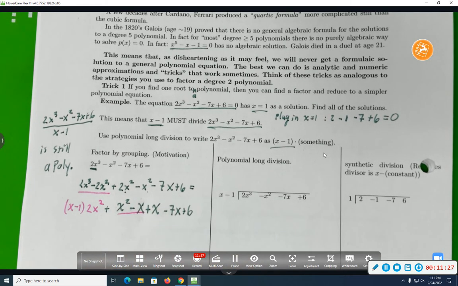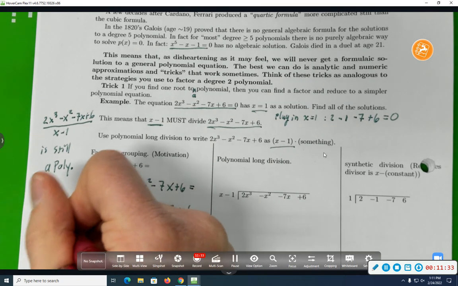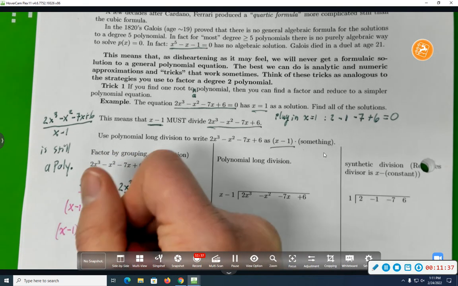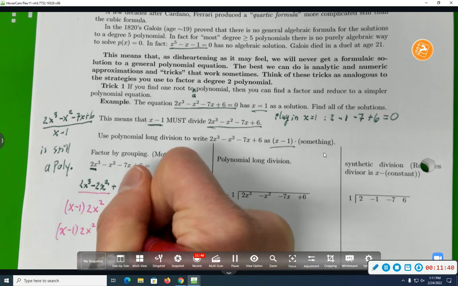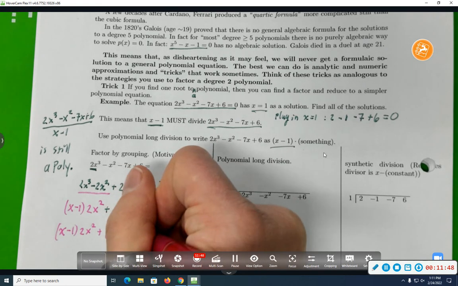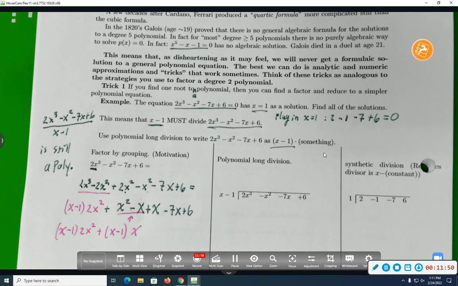Does that bit look like a bit that you could factor an x minus 1 out of? Yeah. So x minus 1, 2x squared plus x minus 1. This bit above, it's x minus 1 times what? X. Yeah, cool. And now let's write out what's left.